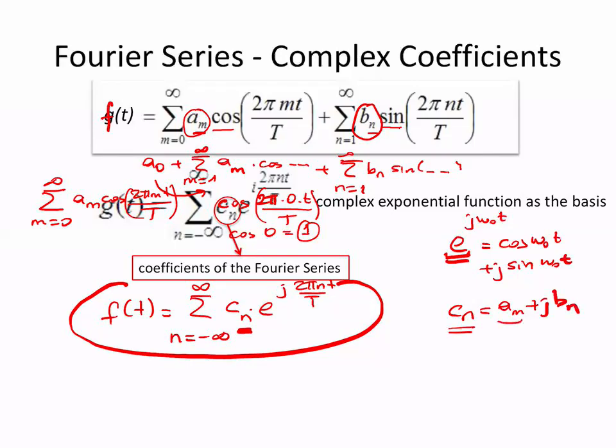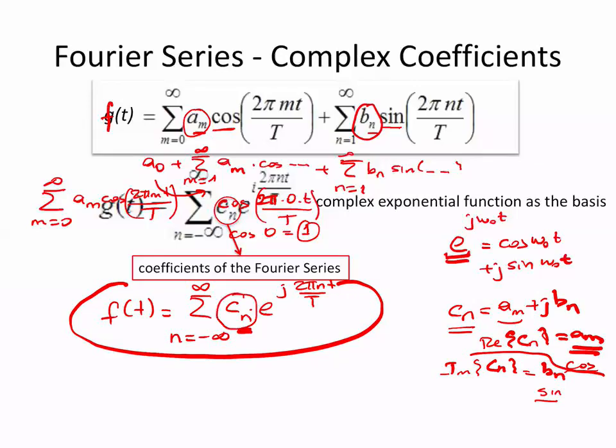The real part of my complex coefficient will be the coefficients corresponding to cosine, okay, and the imaginary part will be the coefficients related to sine, okay. So this is very important. We are not going to be dealing with An's and Bn's, but we are going to be dealing with Cn's.